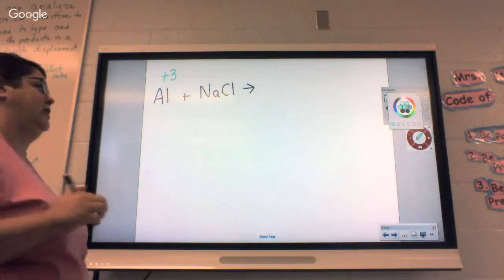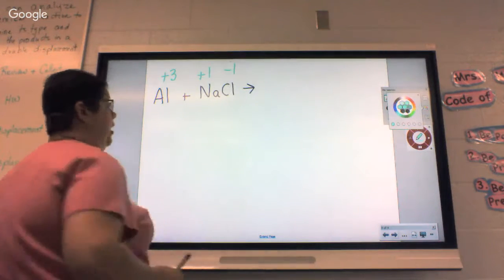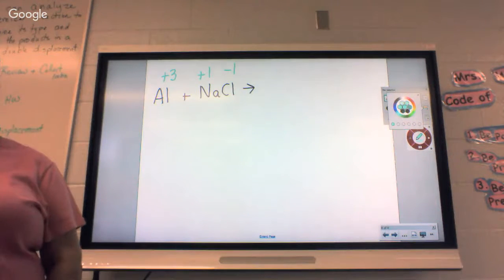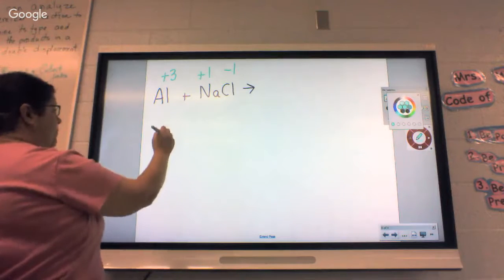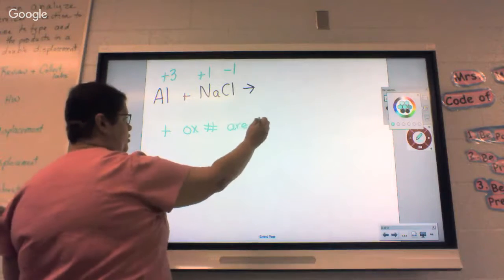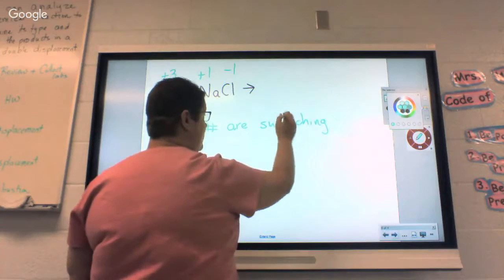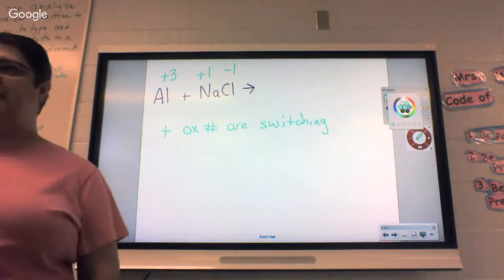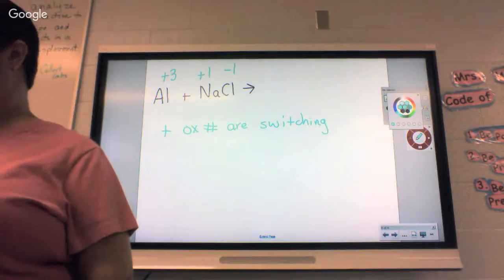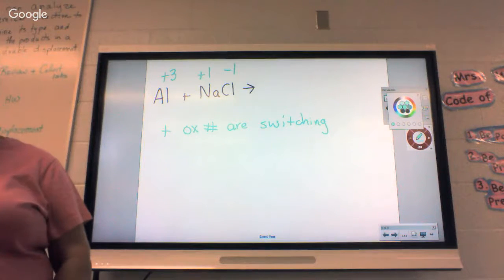All right, sodium has what oxidation number? And chlorine is? So in this particular case, who is switching? The two positives or the two negatives? The positive oxidation numbers are switching. That is all you need to know about the positives and the negatives. It doesn't make any difference about the numbers themselves. You needed to know if the positives or the negatives were switching. Now, we're not putting them together.